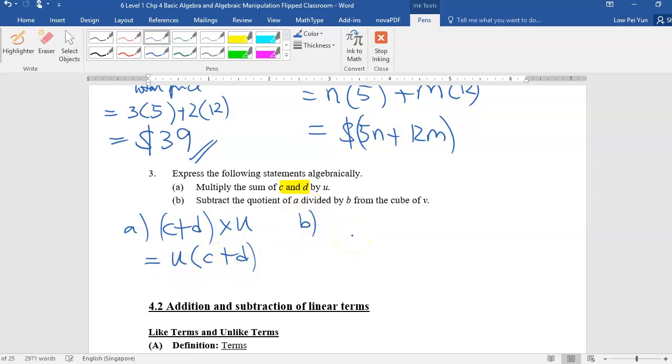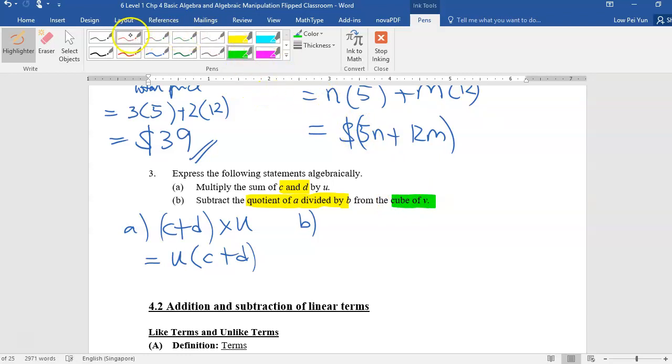Okay, next. Subtract the quotient. Quotient is the result of division. Quotient of A divided by B from the cube of V. Wow, so many things that we need to do. Okay, now let us read.